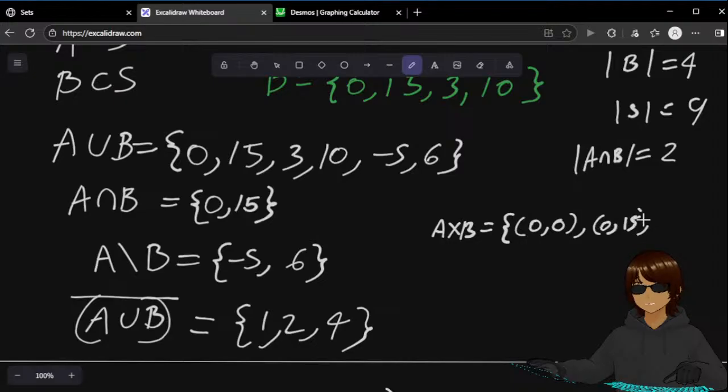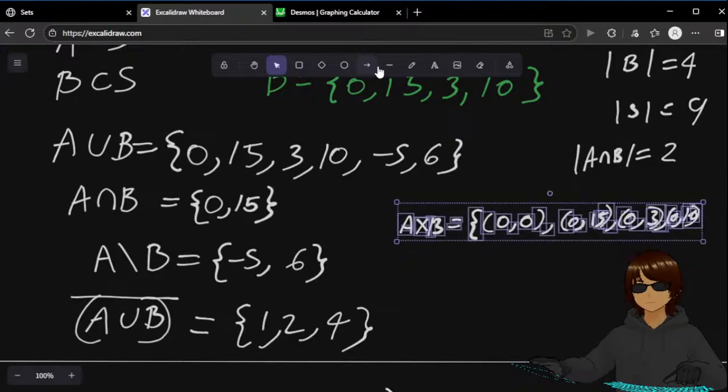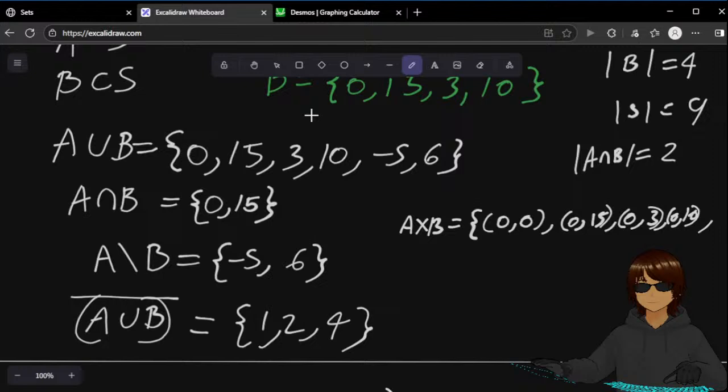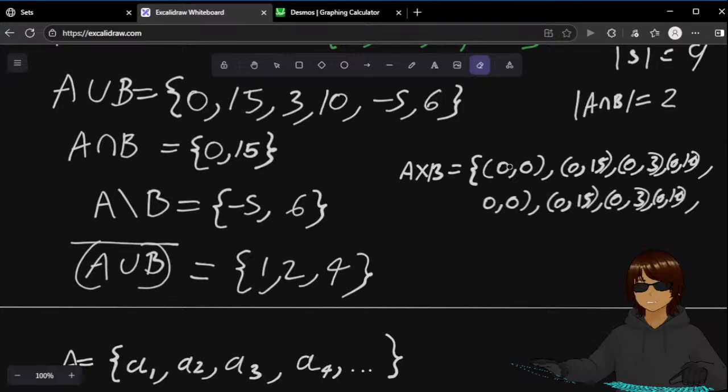I got this right. And then same thing with 6. Voila.